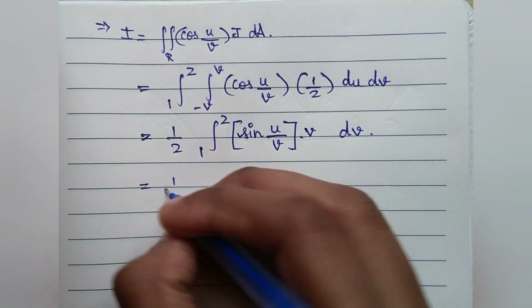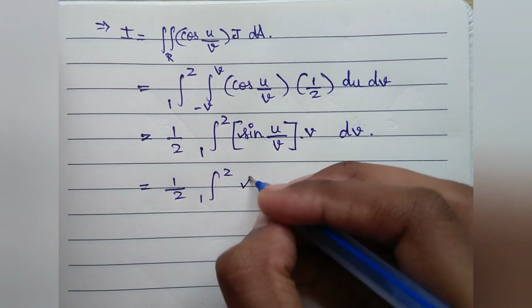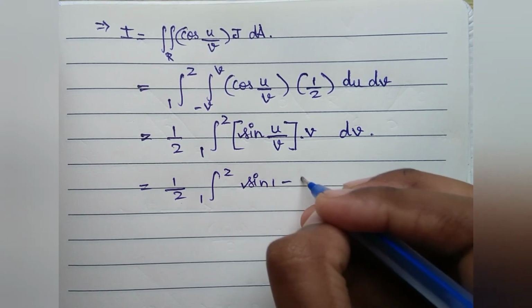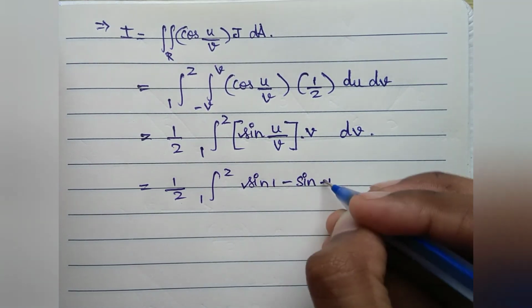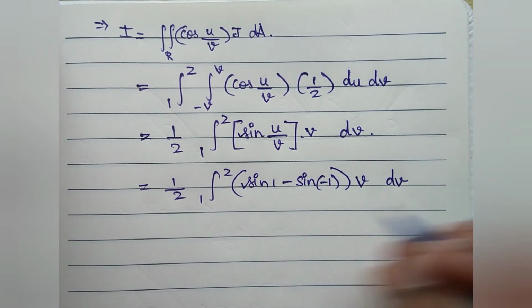So that's equal to half integral from 1 to 2 of (sine 1 minus sine minus 1) times v dv.